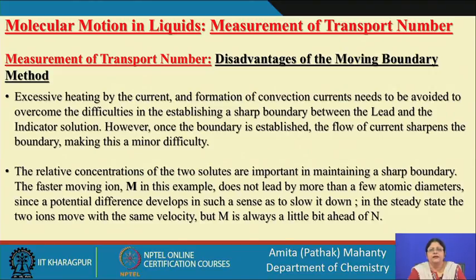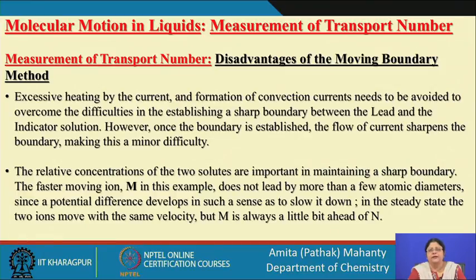In the steady state, the two ions will have the same velocity, but the M ion is always a little bit ahead of N.